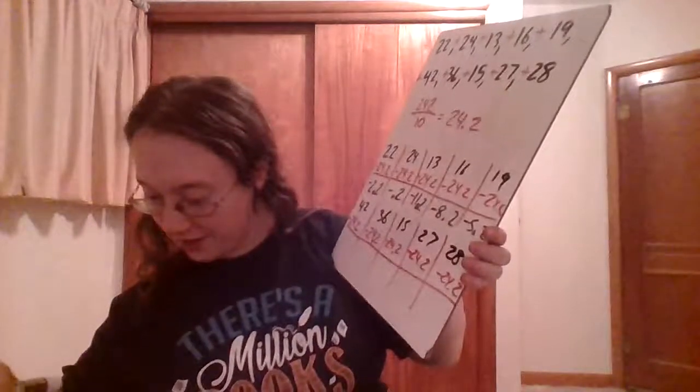Okay, these are positive. 42 minus 24.2, you just have 2.8. And it's like 11.8. 28 minus 24.2 is 3.8.